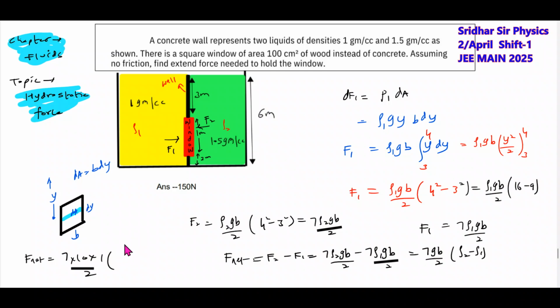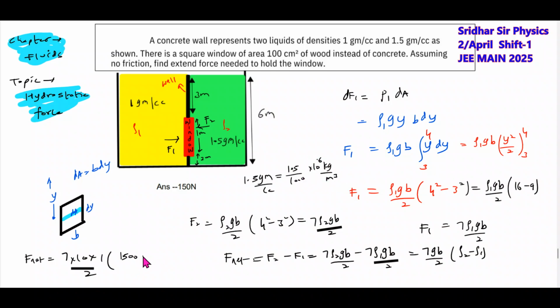Rho 2 is the density 1.5 gram per cc, which is 1500 kg per cubic meter after converting grams to kg and cubic centimeter to cubic meter.